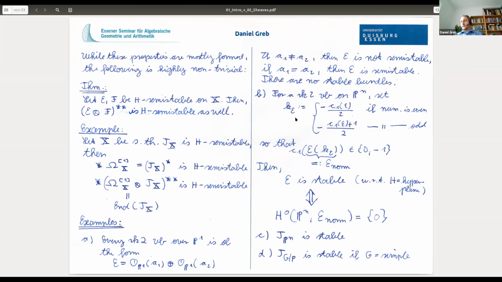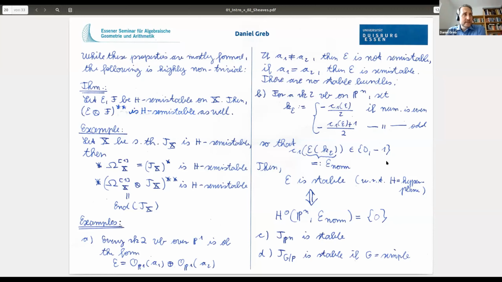And then I take this k of E, which is either minus 1/2 of C1 of E if this is even, or if C1 of E is odd, minus C1 of E plus 1 divided by 2. This is made exactly so that the C1 of E twisted with k of E is either 0 or minus 1.